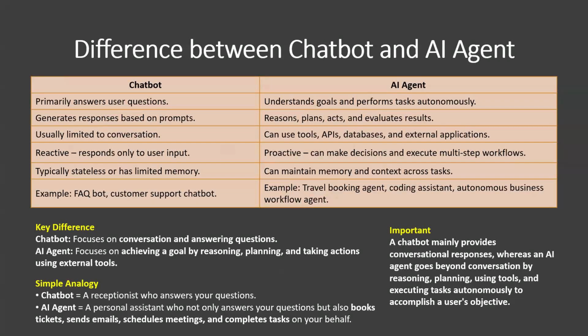In simple words, a chatbot acts as a receptionist who answers your questions. An AI agent is a personal assistant who not only answers your questions, but also books the ticket, sends the email, schedules the meeting, and completes the task on your behalf. The important thing is that a chatbot mainly provides conversational responses, whereas an AI agent goes beyond conversation by reasoning, planning, using tools, and executing tasks autonomously to accomplish a user objective.